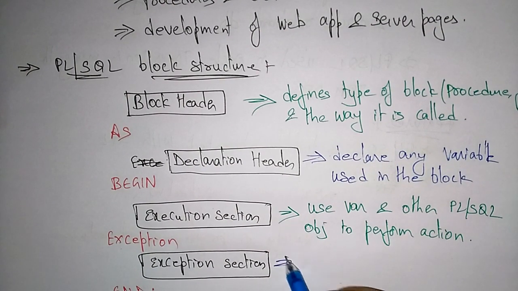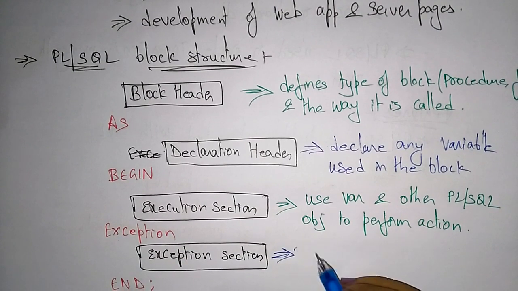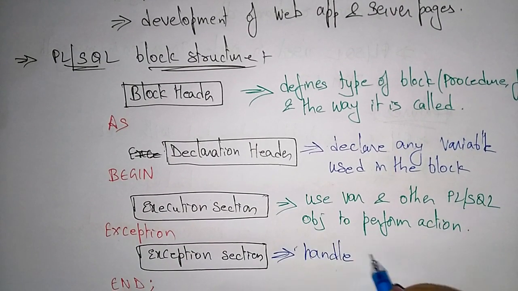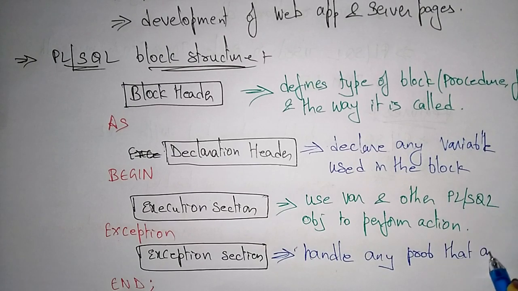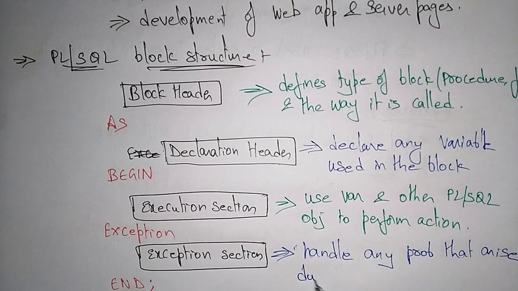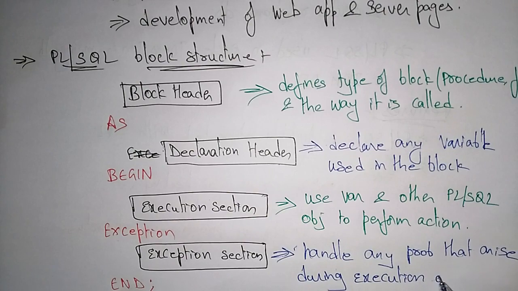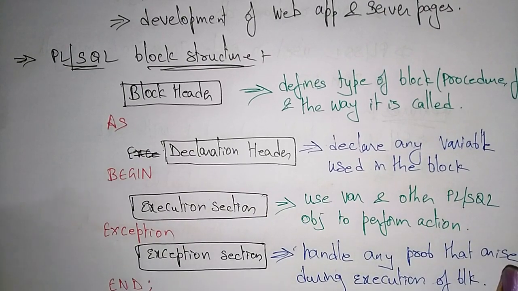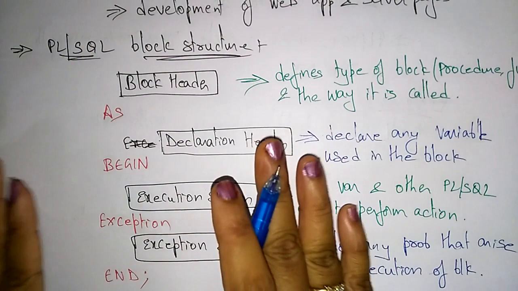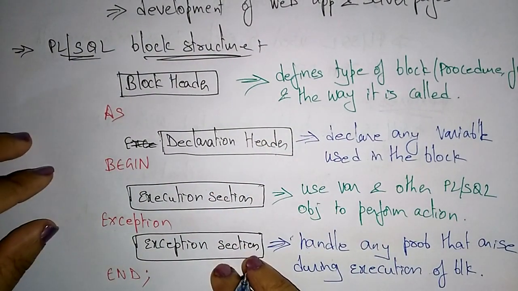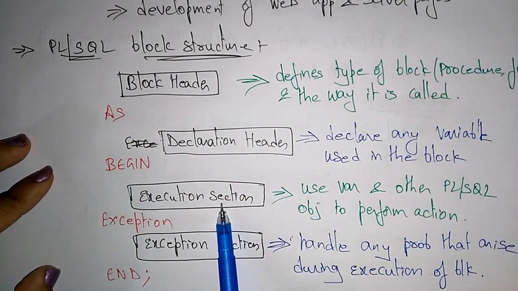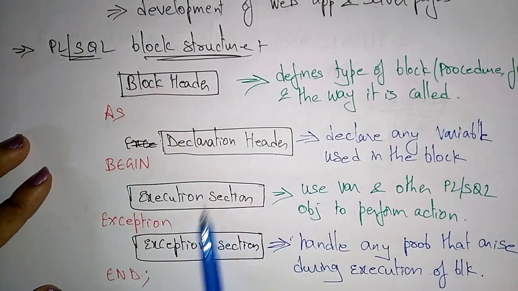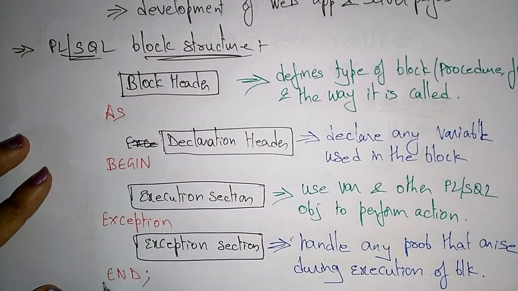After that, the exception section handles any problem that arises during execution of the block. So these are the different sections used in the PL/SQL structure, declared with as, begin, exception and end.